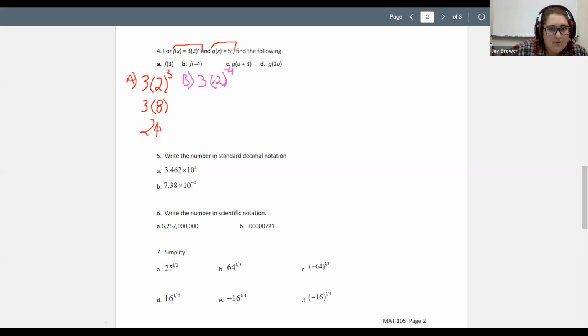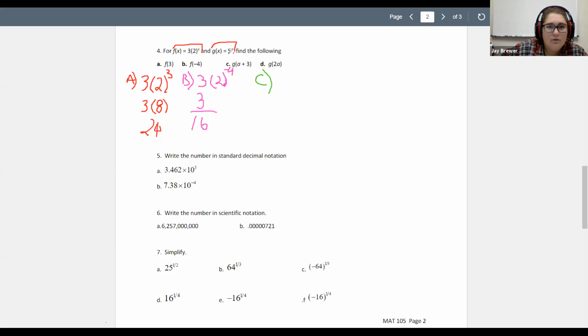The 3 is going to remain on top. Okay, and 2 to the 4th is 16. And you cannot reduce that. I do apologize, the letters are no longer matching up.